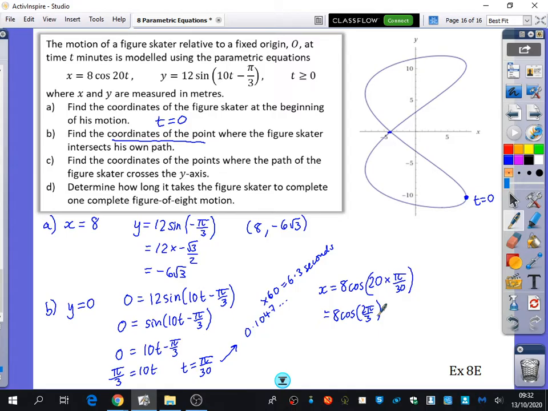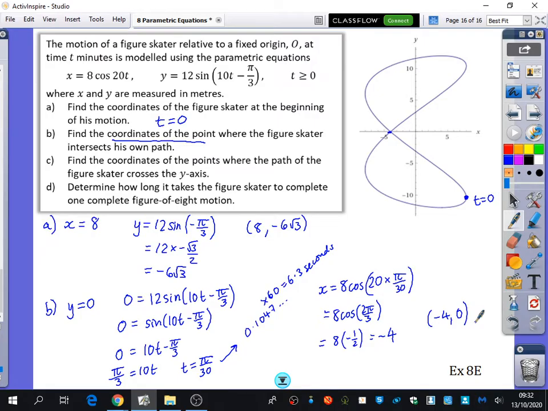Cos of 2 pi over 3 is minus a half. So that's 8 multiplied by minus a half, which is minus 4. So we have that the coordinate of where it intersects itself is at minus 4, 0.